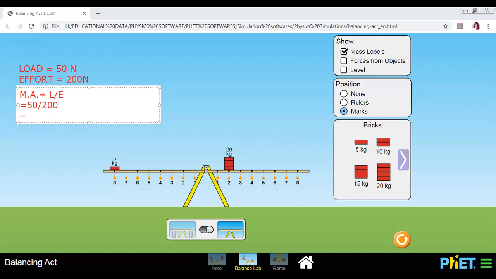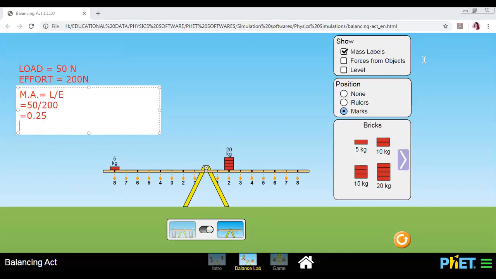So how much is the answer? My answer is coming out to be 0.5. Oh, sorry, 0.4. Sorry, I'm so sorry. 0.25. What is the MA? The MA is coming out to be 0.25.